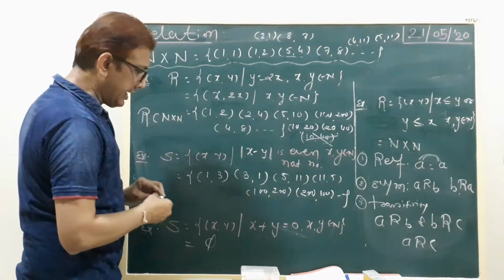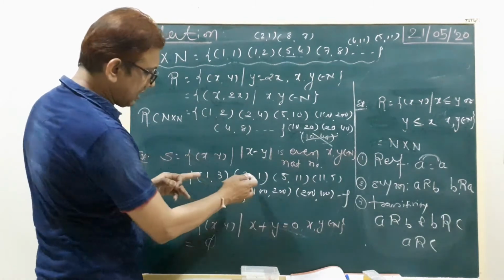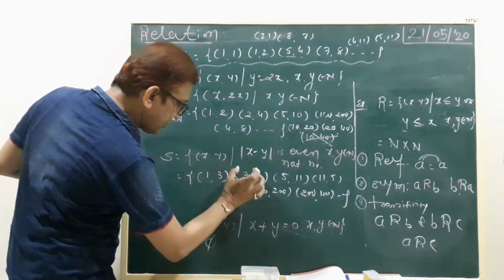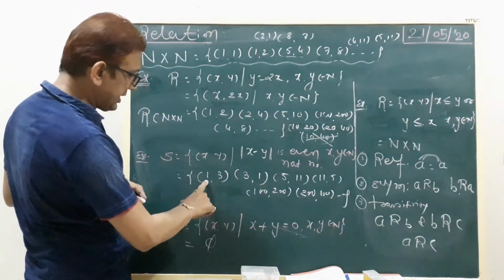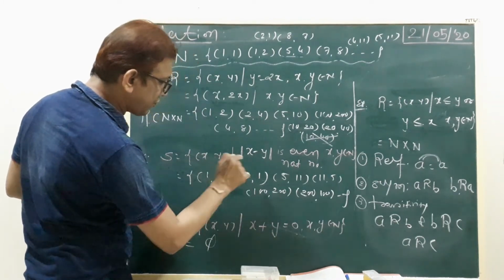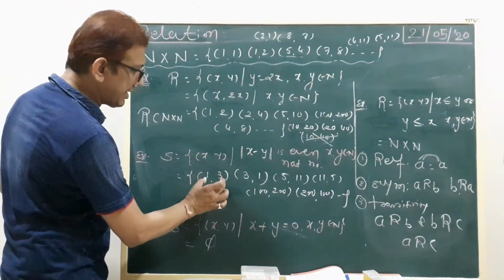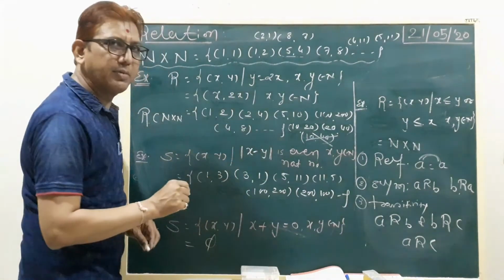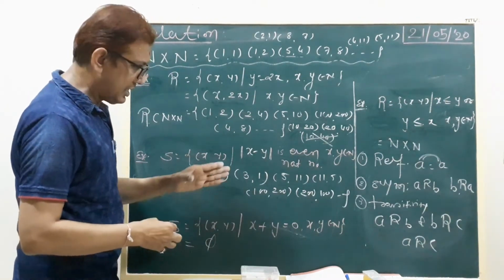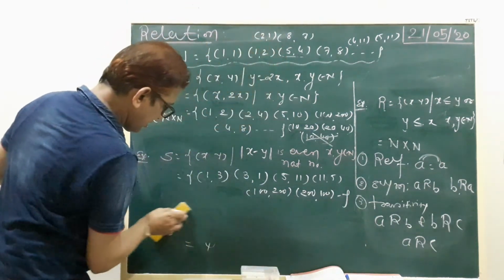Right? Second question. 1 3, A relation B, B relation C. Here this is your A, B, C. 1 3, 3 1. So A relation B, B relation C, so A relation C, that is 1 relation 1. Here 1 1 is not possible, because the subtraction of the same elements is not an even natural number, right? So 1 1 is not possible. So here also transitivity is not satisfied. Another example in this question.